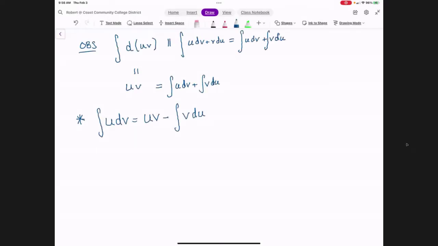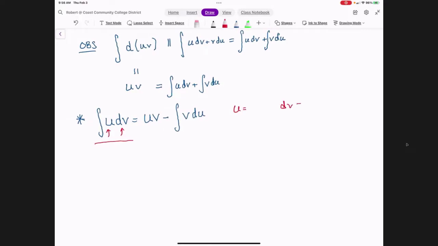But what we want to do here is when we're given this integral right here, you want to identify a u, and we want to identify a dv.